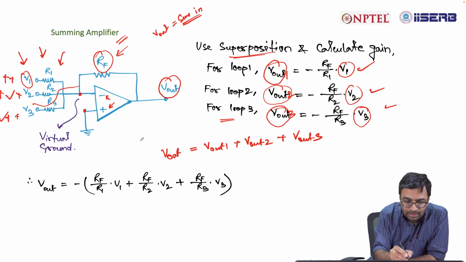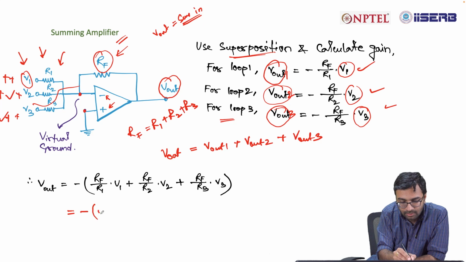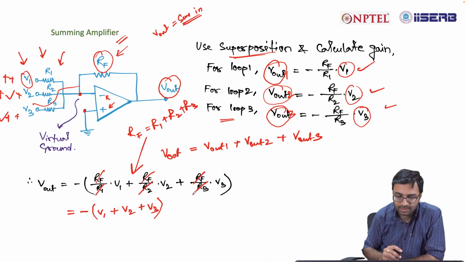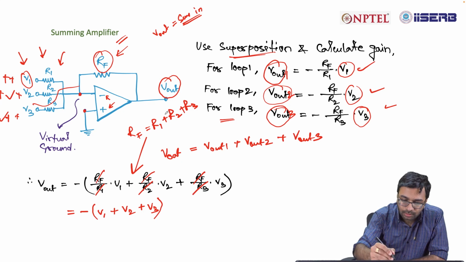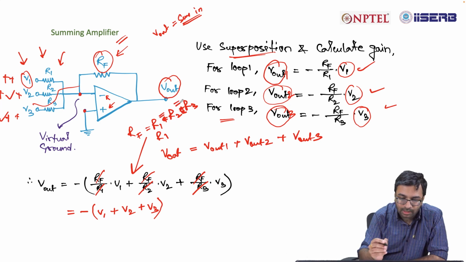And then if your RF is equal to R1 plus R2 plus R3, then this is minus V1 plus V2 plus V3, because this will cancel out. It should be RF is equal to R1 equal to R2 equal to R3.